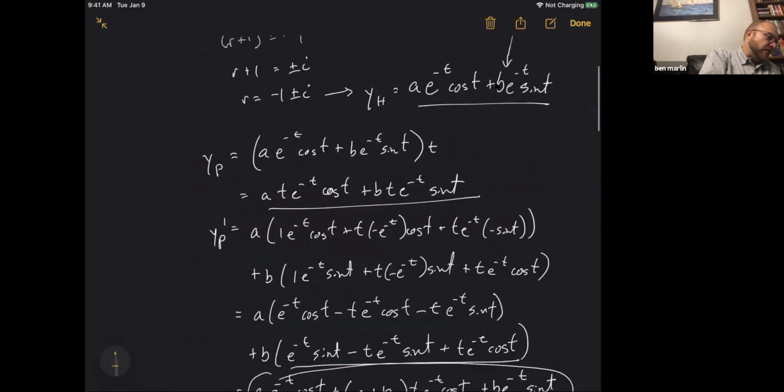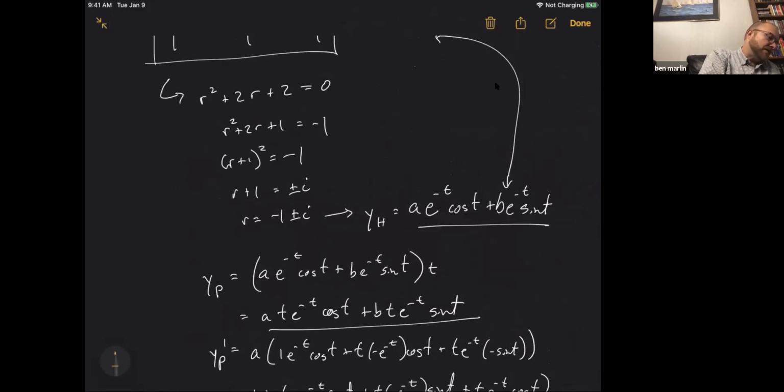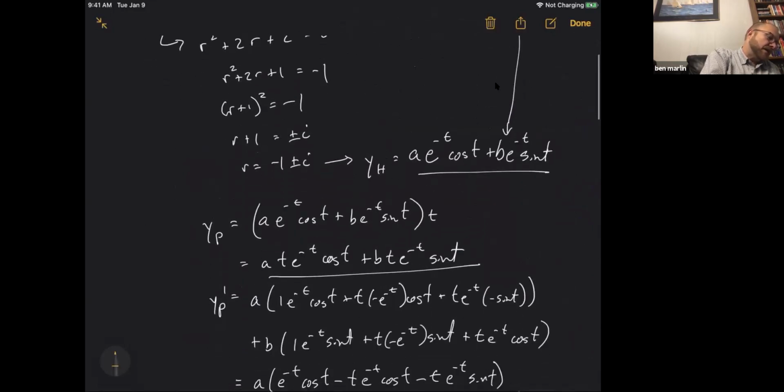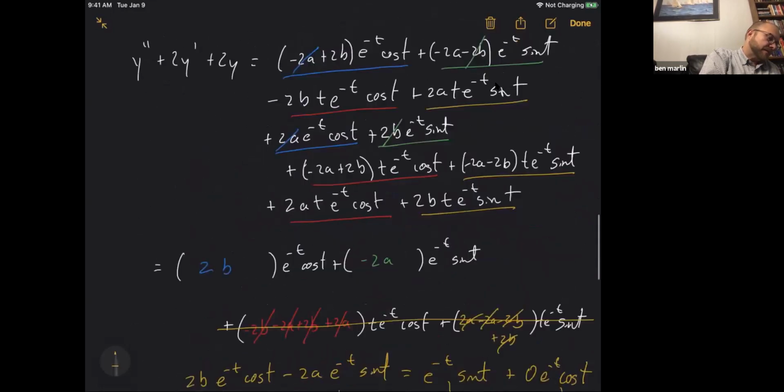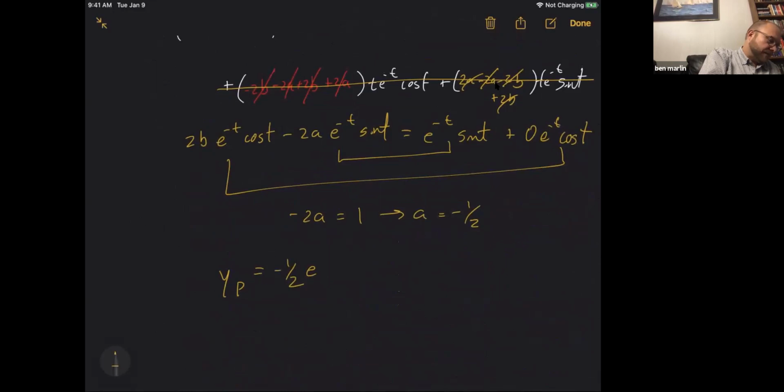Oh, a went with the cosine. T e to the minus t cosine t. And our general solution then is going to be minus 1/2 t e to the minus t cosine t plus, now we were writing it with a C1, weren't we? C1 e to the minus t cosine t plus C2 e to the minus t sine t.